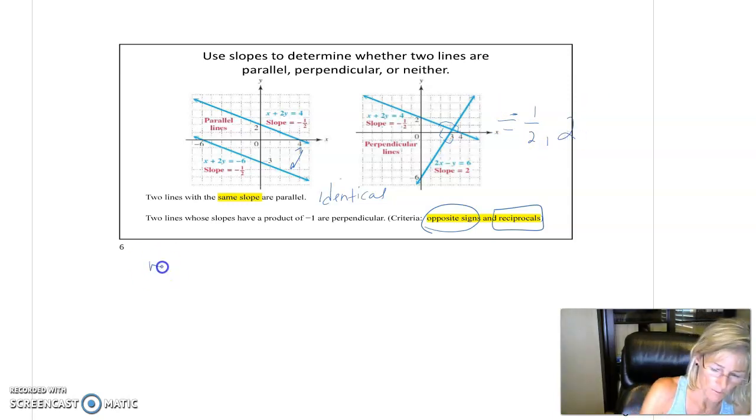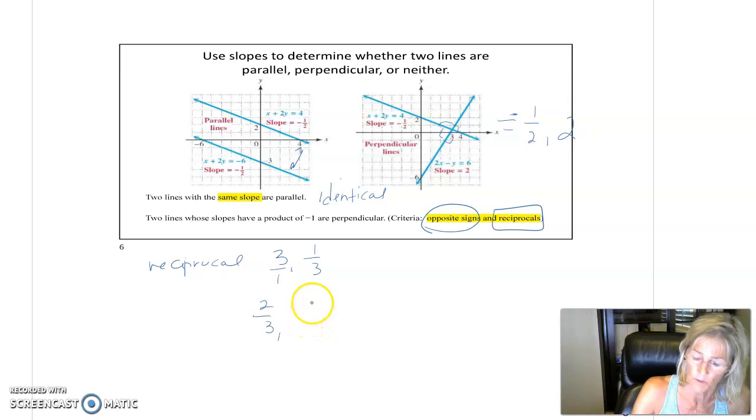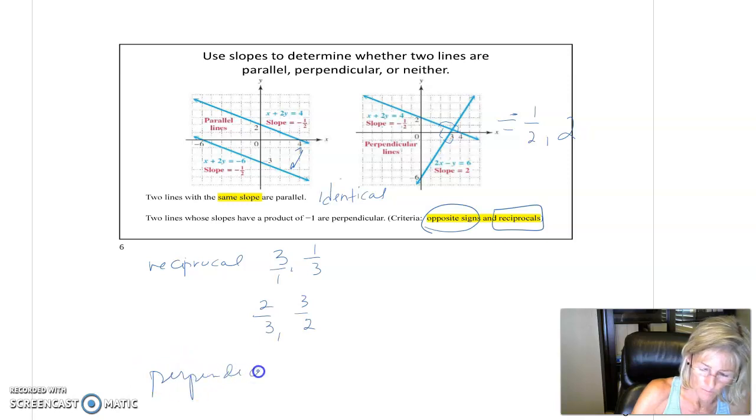Reciprocals. What's a reciprocal? So 3 and 1/3 are reciprocals, but for them to be perpendicular, one of these has to be negative. Another reciprocal, 2/3. A reciprocal, all we do is flip it, so it's 3/2. For them to be perpendicular, they have to have opposite signs.